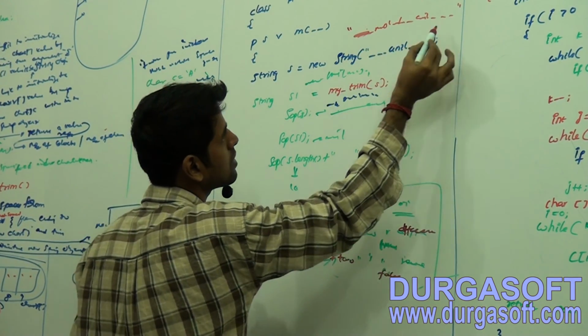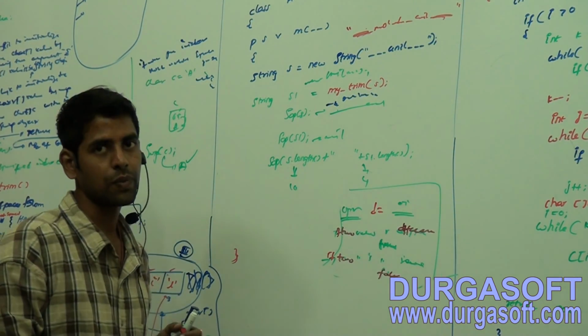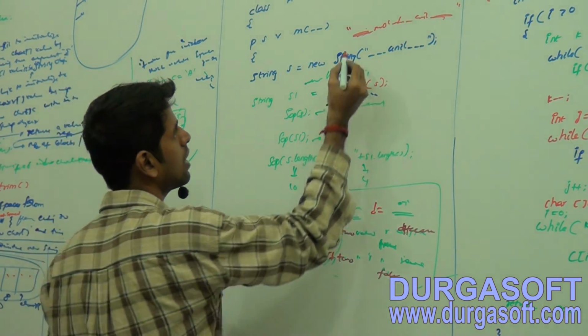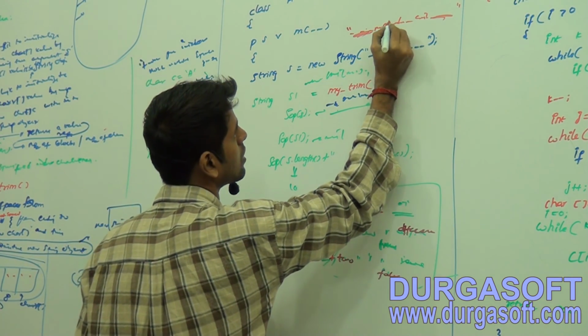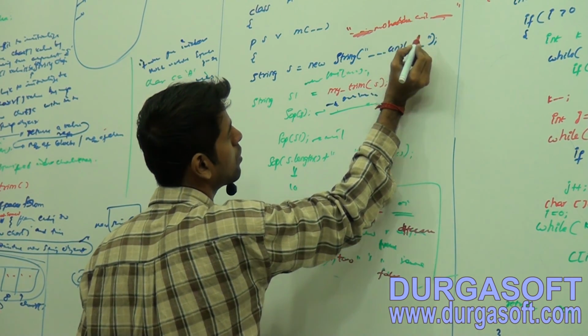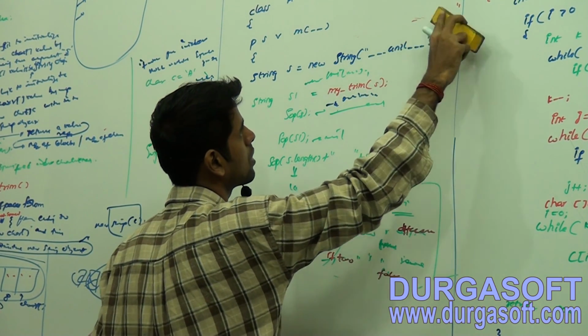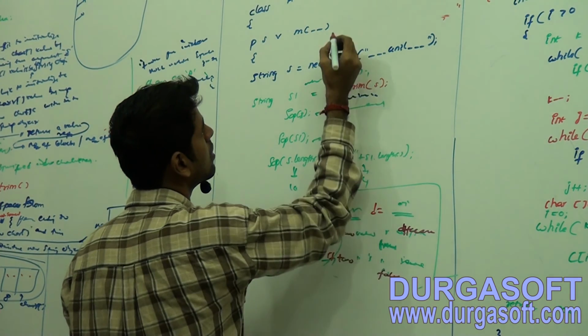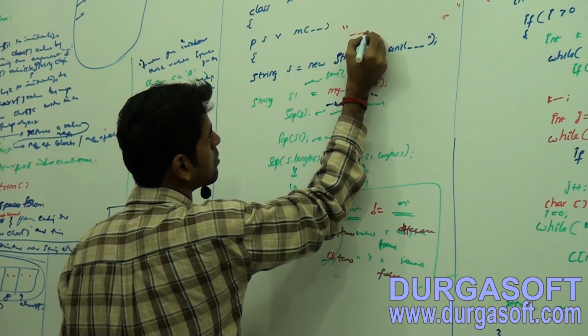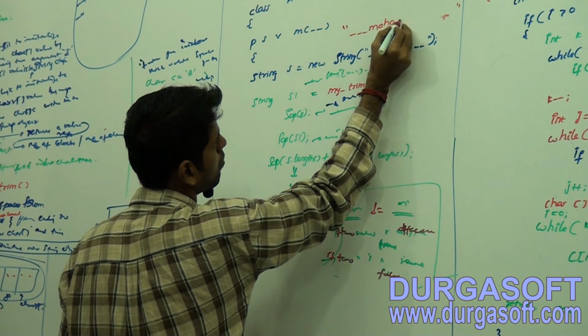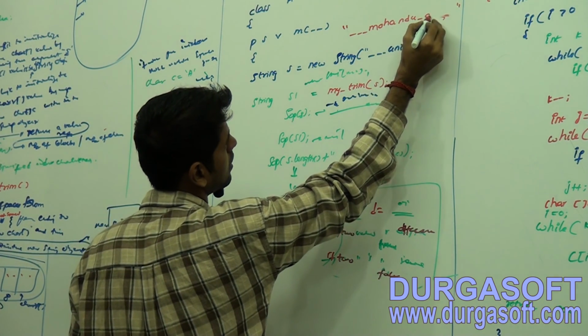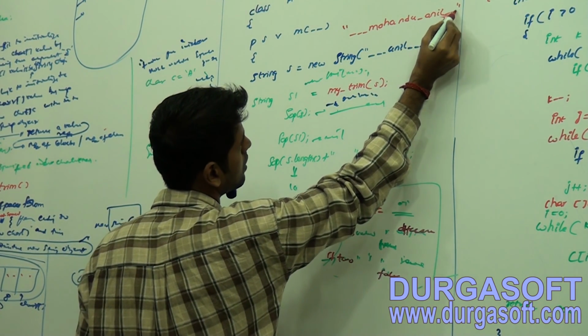Only these spaces will be removed. Now think that 1 2 3, this is Mohandu. Let me write this one properly so that we can understand. 3 spaces, Mohandu space ANIL, 3 spaces.